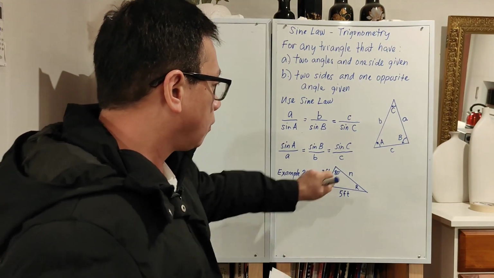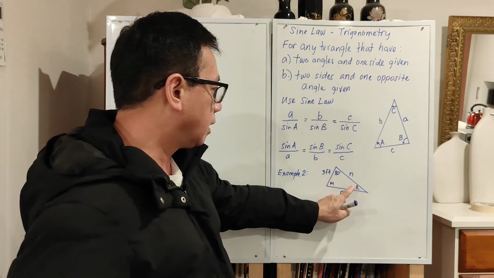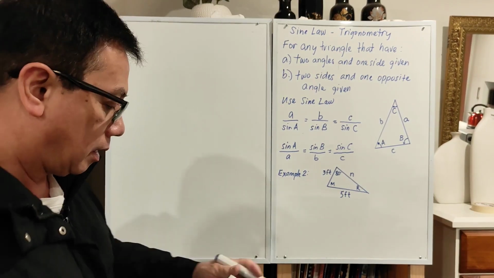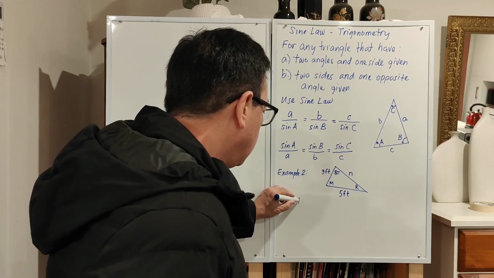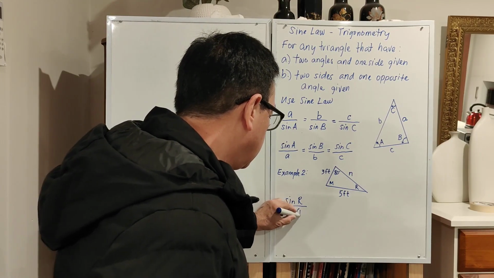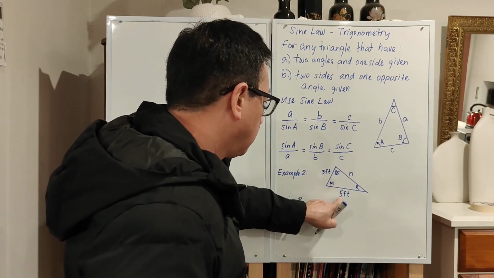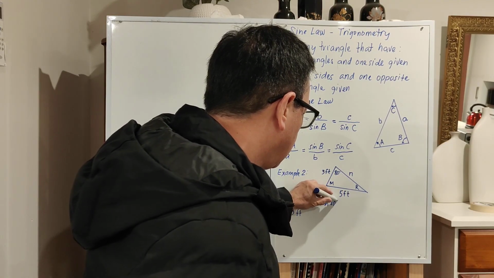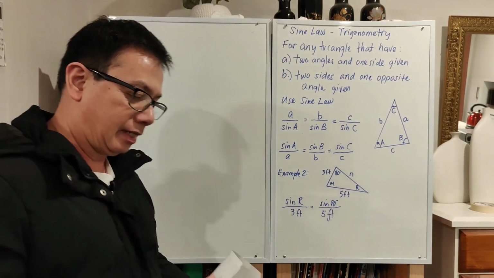So this time, I will be using this type of formula because we're looking for the angle and I want the angle to be on the numerator. So this will be sine R over the opposite, which is 3 feet, is equal to sine 80 degrees over 5 feet.